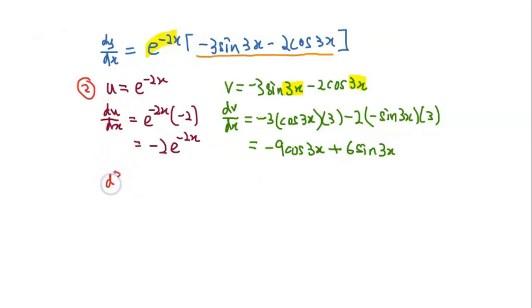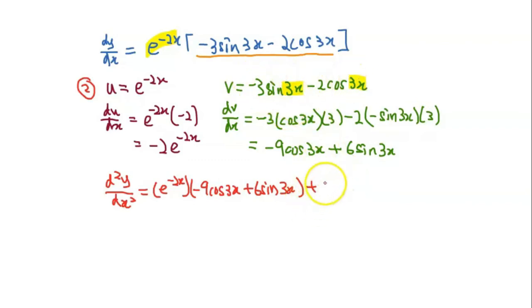Now, we are going to find our second derivative of y by using the product rule. u times v prime plus v times u prime.